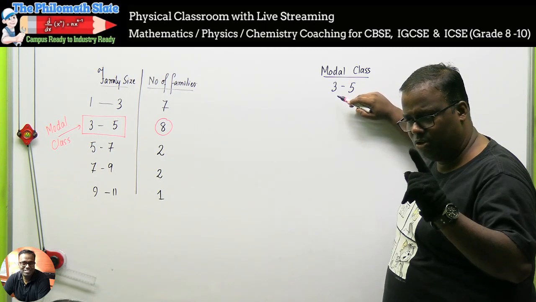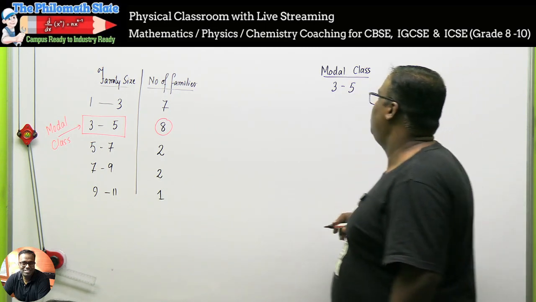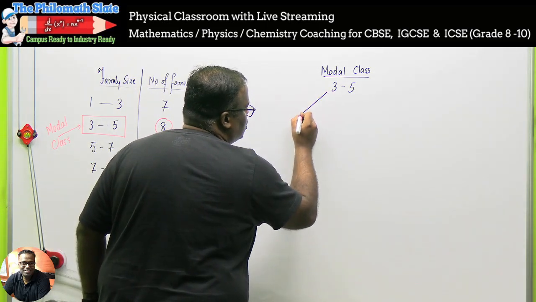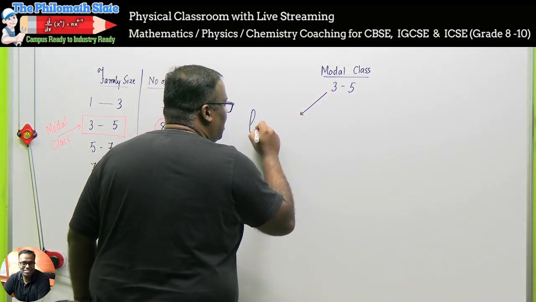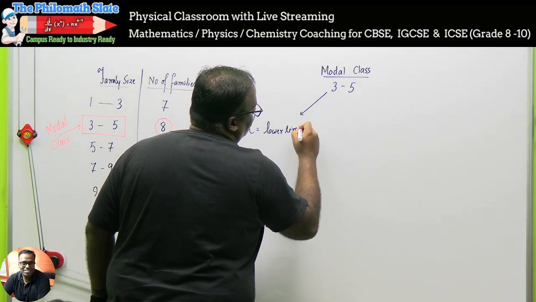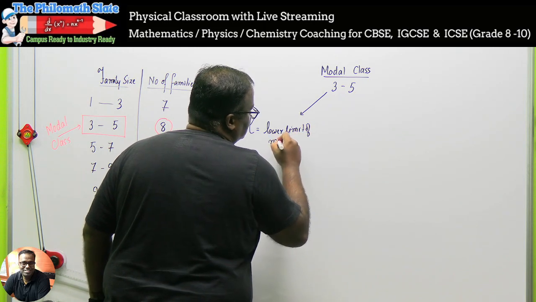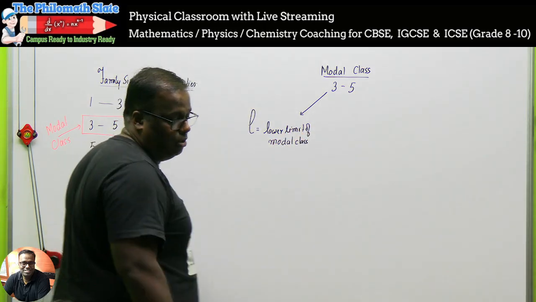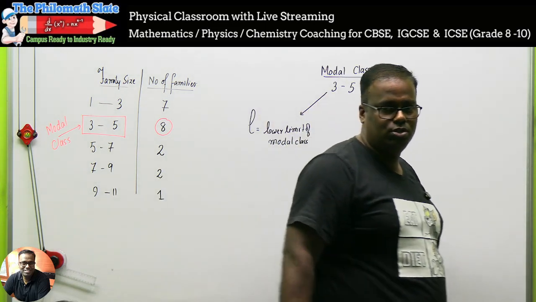It can be more than 3 also, but it cannot be equal to 5. Therefore, from this modal class, the first thing that we squeeze out of importance to us is a data called L, which is the lower limit of the modal class. Have you understood?